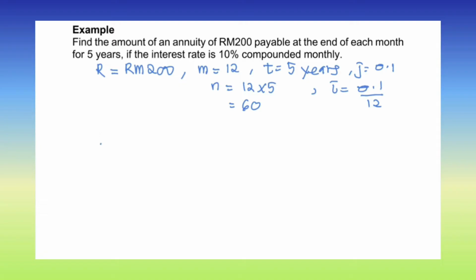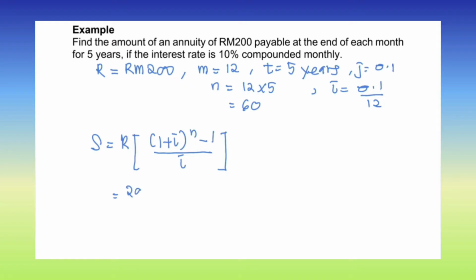We know that S, the future value for annuity, is given by the formula R times (1 plus I) to the power of n minus 1, divided by I. So substitute the values for R, I and n into the formula.